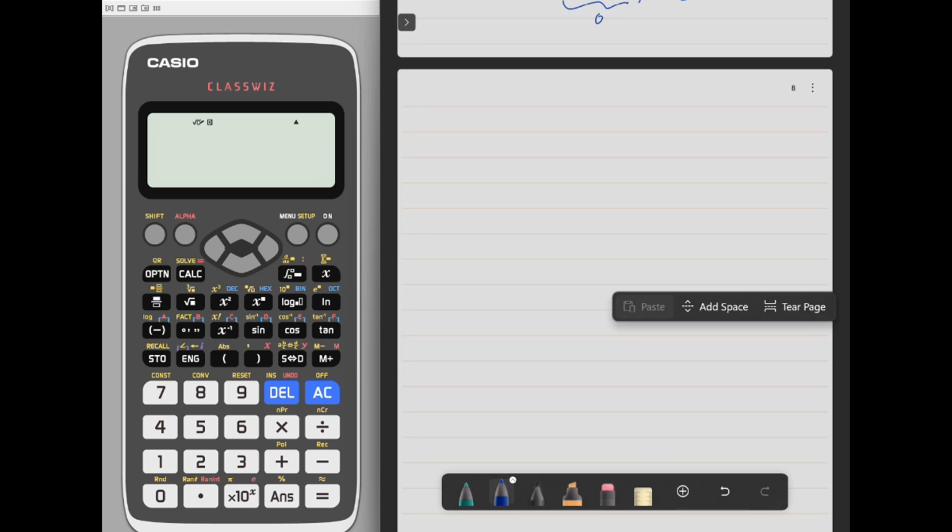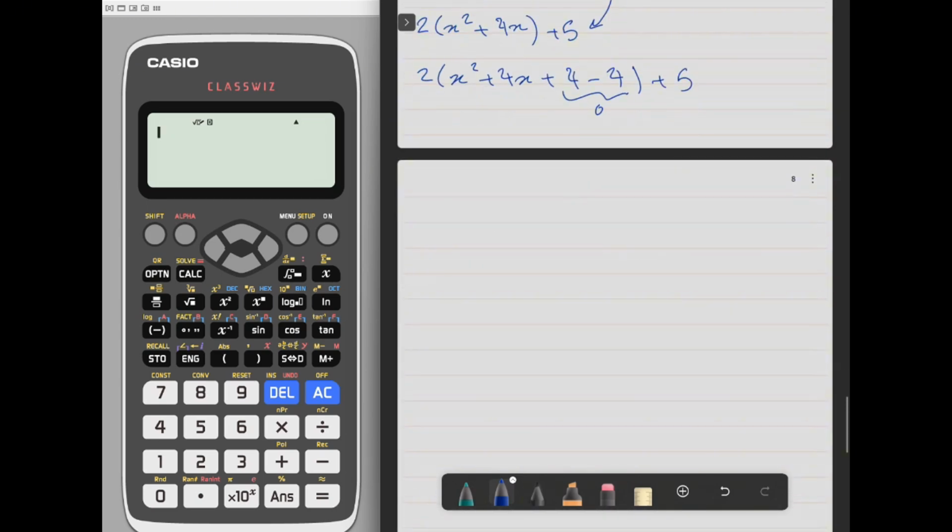Plus 5. So you can complete the square of this one. I'm just going to write it down: 2 times x plus 2 squared minus 4, plus 5. And you're just going to expand these brackets.